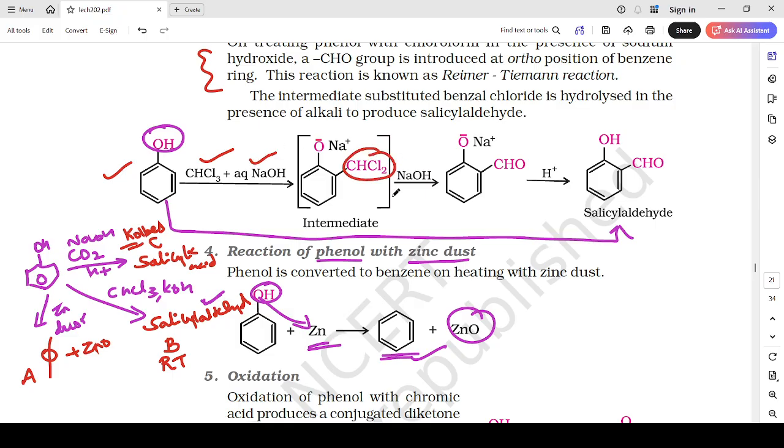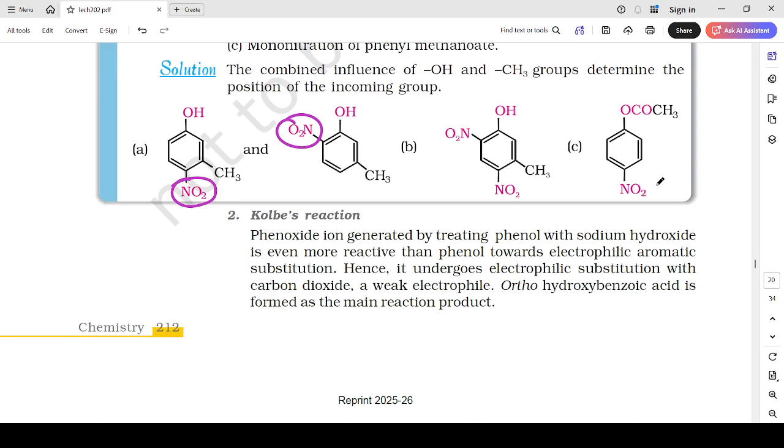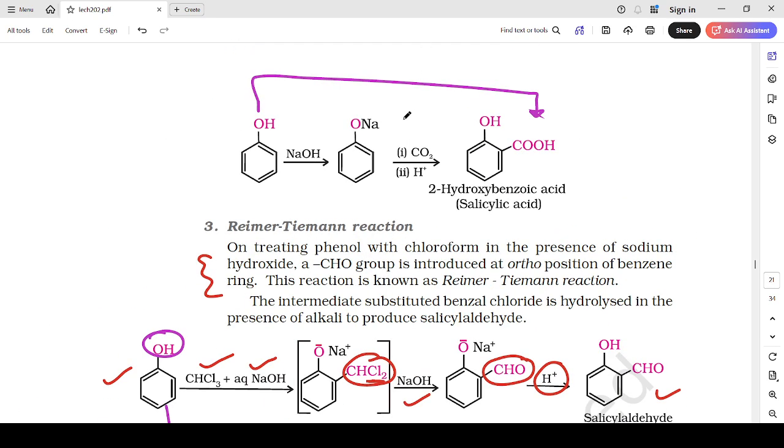This is my intermediate. I treat it with sodium hydroxide where this 2-chlorine, upon nucleophilic substitution followed by dehydration, gives me the aldehyde. I acidify it so that I get salicylaldehyde. Similarly, for Kolbe's reaction, you start with phenol, treat with sodium hydroxide to get the sodium phenoxide, then CO2 and H+. You get salicylic acid.